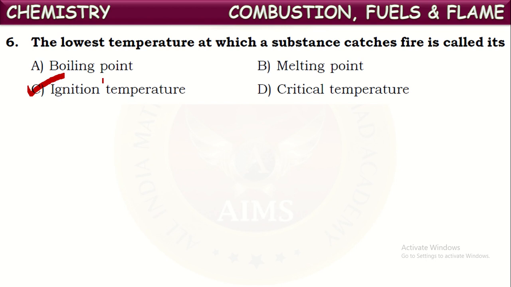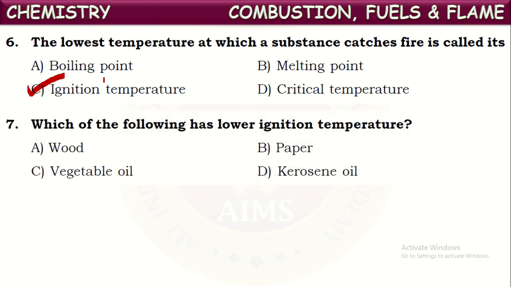Initially, the fuel should be heated till it reaches its ignition temperature. After reaching it, fuels will start catching fire and burning. The lowest temperature at which a substance starts catching fire is called the ignition temperature of that substance.